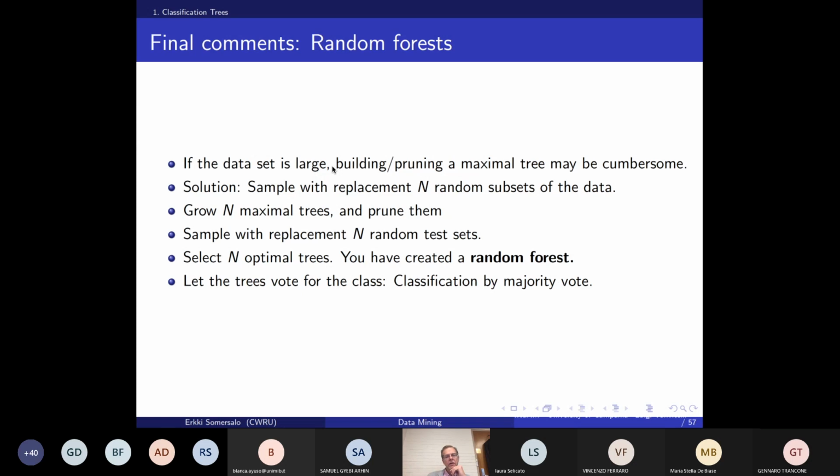And so it turns out that this random forest algorithm is performing really well in the sense that it really makes the most of the large data, and it also cancels out possible misclassifications due to the noise in the data.